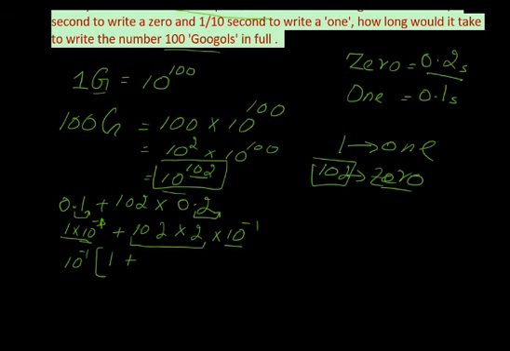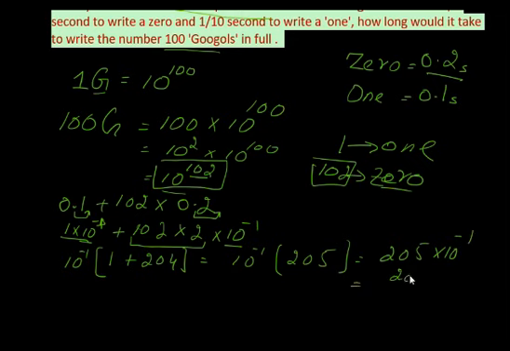So 102 into 2 is 204, and 204 plus 1 is 205, so it is in fact 205 into 10 raised to power minus 1, or you can write 205 over 10, it's the same thing. Now 205 divided by 10 is 20.5, so it means to write 100 Googols it will take 20.5 seconds altogether.